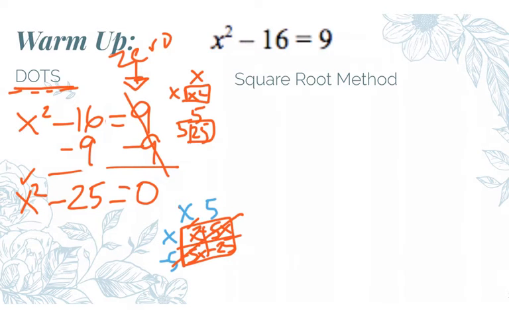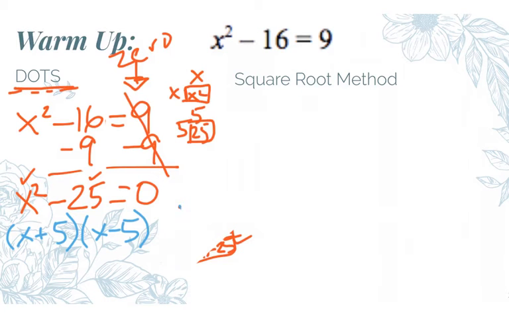I see that here and here, and a negative 25 here and here. So my factors are x plus 5 times x minus 5. And I'm just going to erase this so you can always press that pause button. Okay. Equals 0.